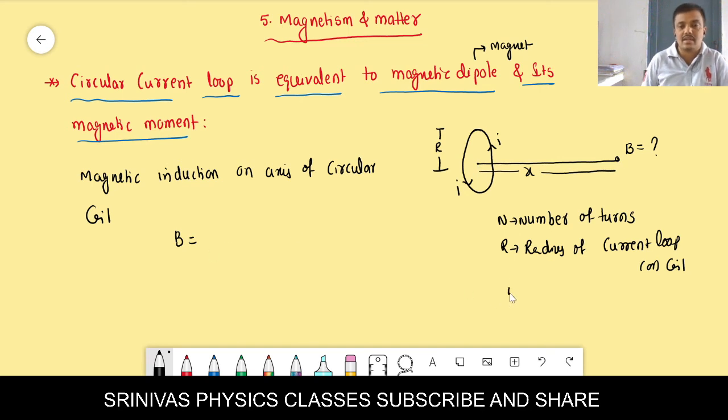Then what is the formula for B? I is the current in the loop. X is the distance on the axis where you want to find the magnetic field from the center. Does somebody want to say the formula for B?